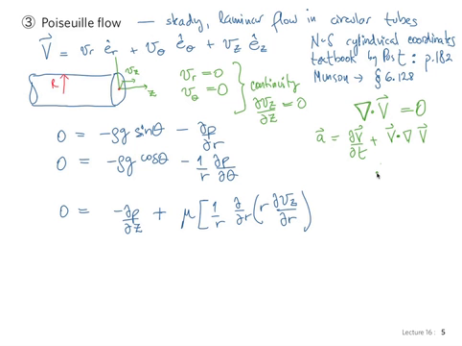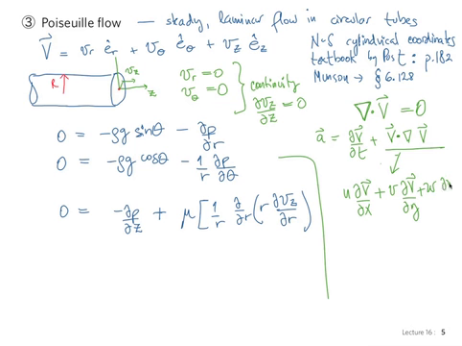So this guy over here, and I'm going to take the time to write this one out because it's important, only this term over here, if I write it in Cartesian coordinates, it'll be u dv/dx plus v dv/dy plus w dv/dz.